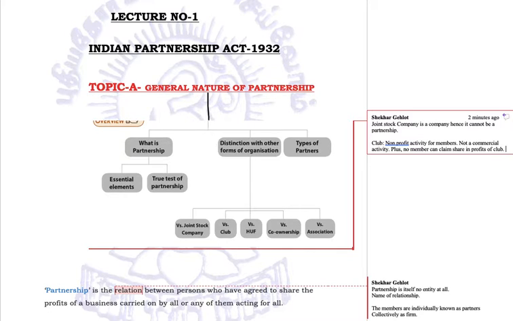If the club has made some earning, no member can claim any shareholding in profits of the club. It will belong to the club and the club will decide. But whatever the club does, it will definitely do only for the benefit of all the members, not only one member. So club is not a partnership. Then there is Hindu undivided family.